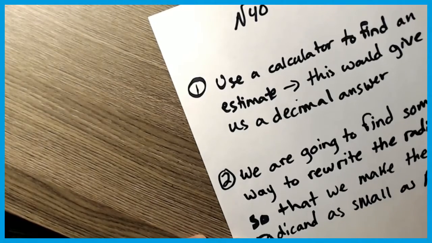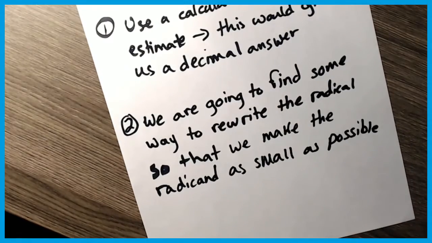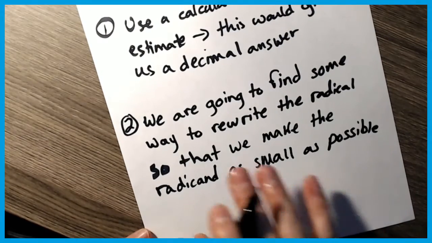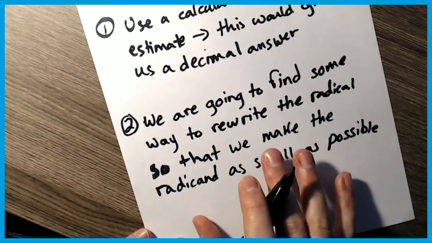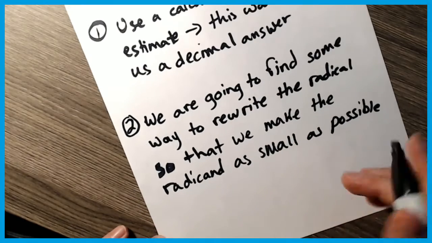And again, I'm using some vocabulary here. I'm going to pull this back into view so you can see everything I've written. We're going to find some way to rewrite the radical so that we make the radicand as small as possible.